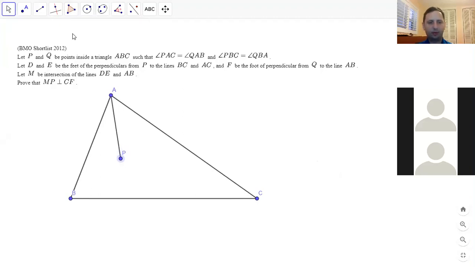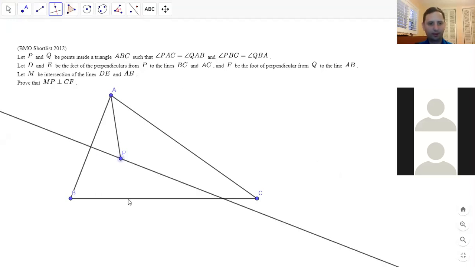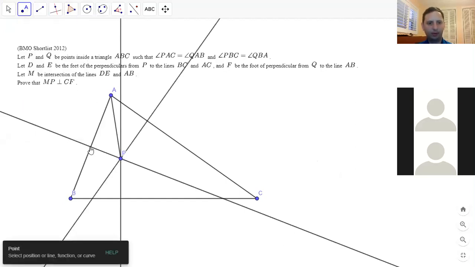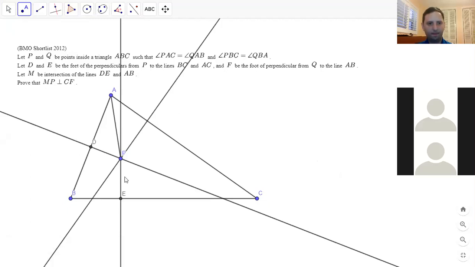So I'm going to draw the pedal circle. I feel like this might be the fastest way I know to draw isogonal conjugates. So angle PAC equals angle QAB. Actually, it says let D and E be the perpendiculars to BC and AC.